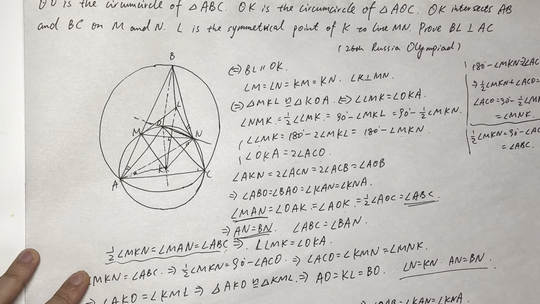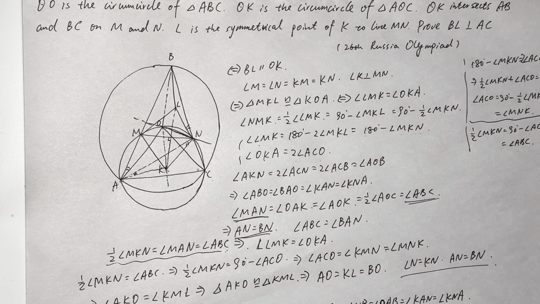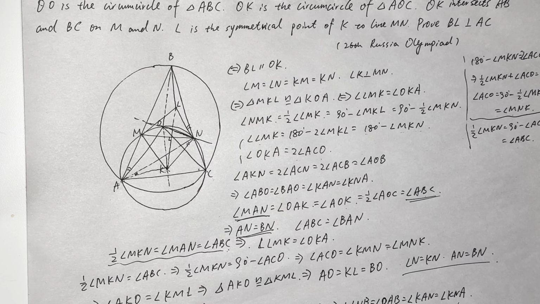And as you can see, in this problem you need to have a bold guess first that BLKO is a parallelogram, and then you can try to use different ways to prove it. I just feel for myself that in this particular problem, proving it with angles would be more difficult.